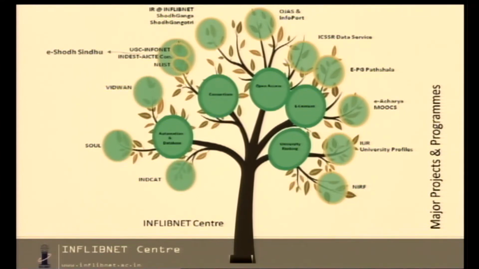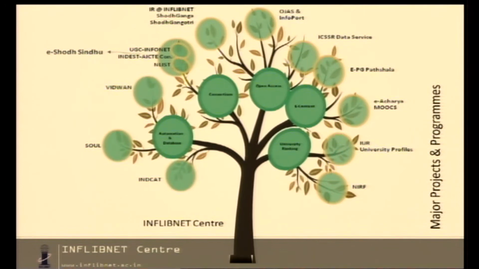In our kitty, we have about 220 universities, 4,000 colleges, in fact many more colleges but right now 4,000, and 65 centrally funded institutions. So we have the UGC-Infonet Digital Library Consortium, which is for about 220 universities, the N-LIST Consortium, through which 4,000 plus colleges are being served, and the INDEST-AICTE Consortium, which was funded by MHRD.